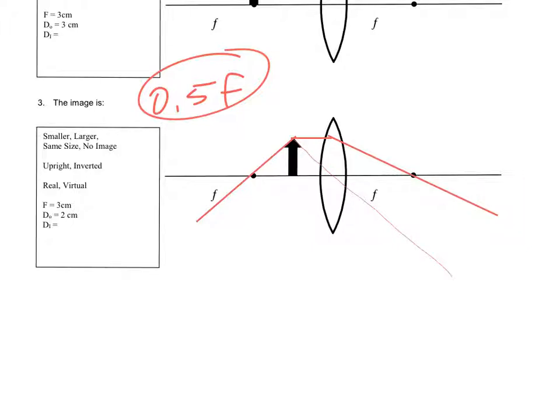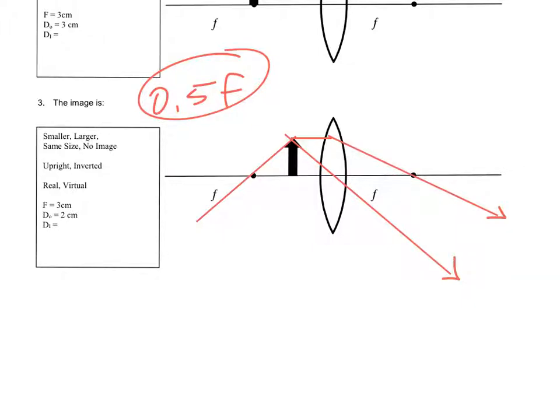Now, you probably notice that these lines over here to the right will never intersect. But that doesn't mean they're parallel. They will intersect. They're only going to intersect on the same side as the object. So what I'm going to do is extend my lines back behind the lens on the same side as the object.